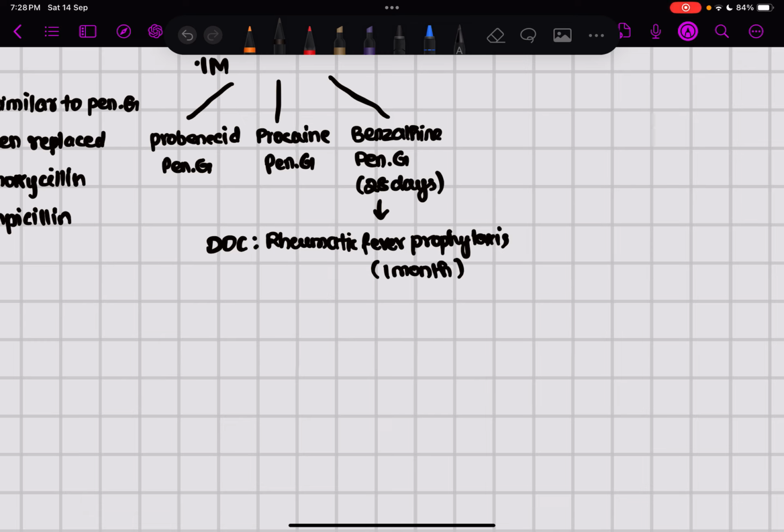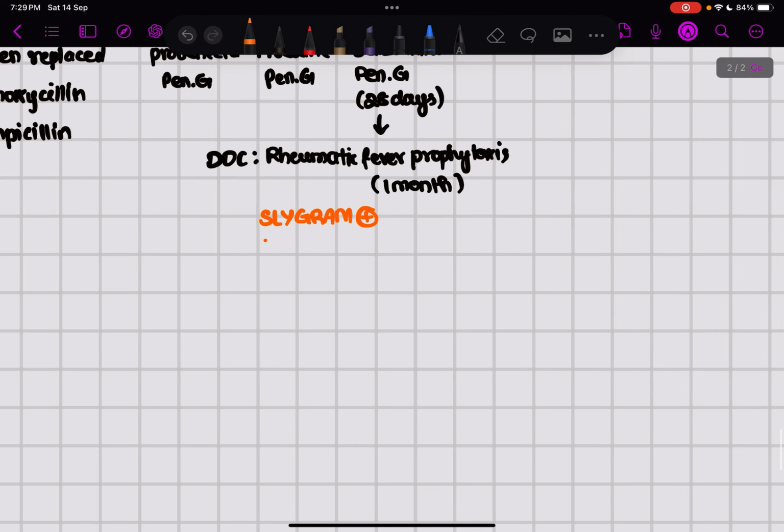And then we have a mnemonic, that is SLY GRAM positive. S is for streptococcus and syphilis. And for syphilis we have zero resistance.